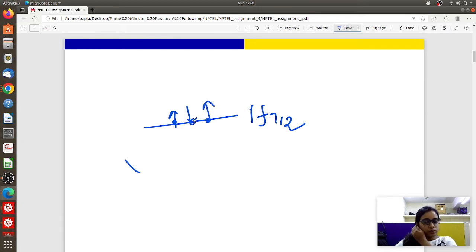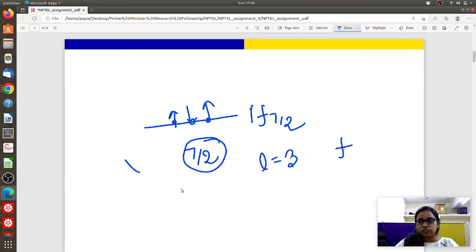So as a whole the j value will be 7/2, and L equals 3 as it is an f state, so the parity is minus 1 to the power L, which is minus 1. That means the spin parity of the ground state will be 7/2 minus.